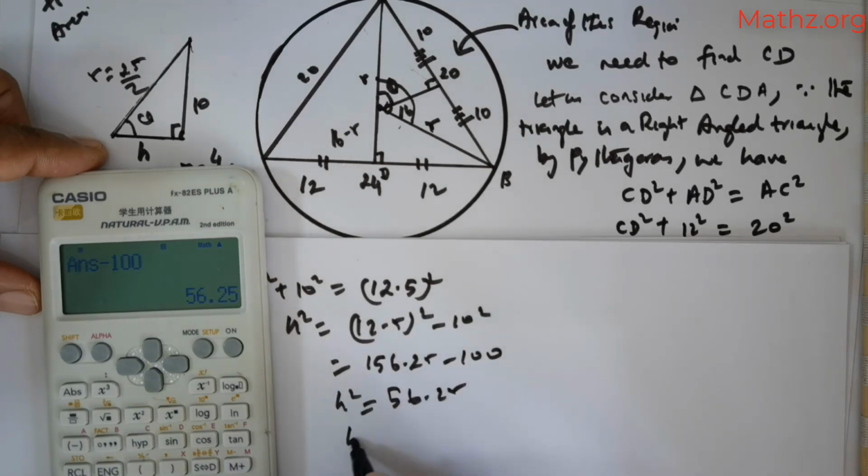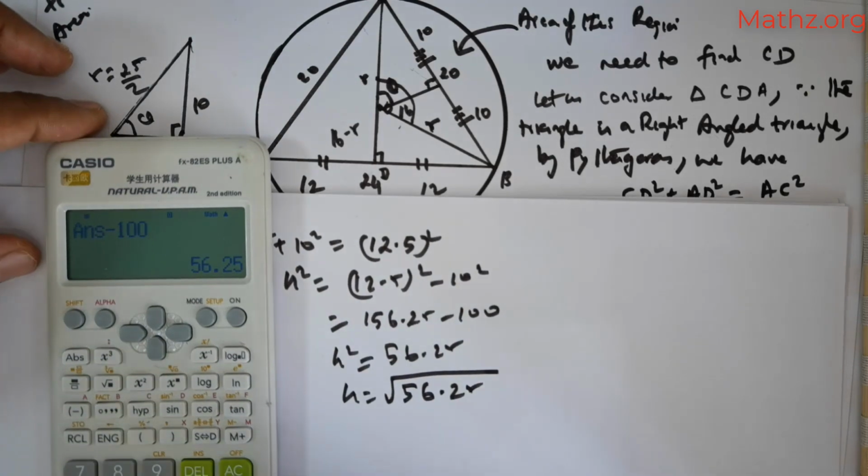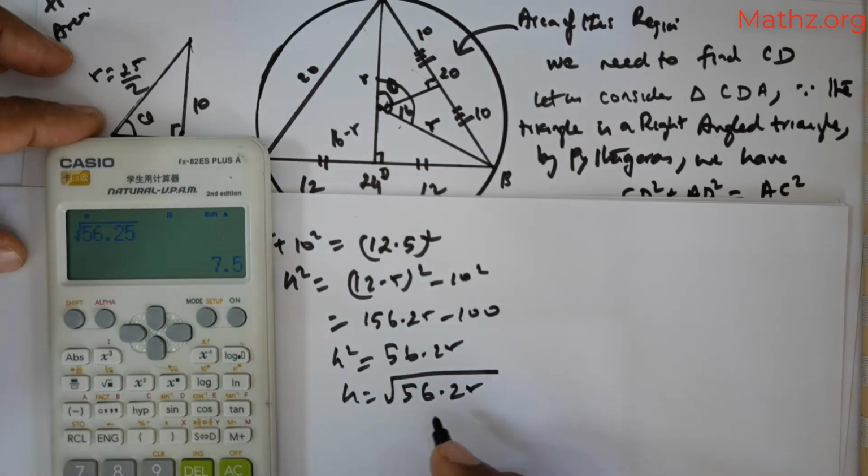This is my h squared. So h is equal to the square root of 56.25, which gives me h as 7.5.